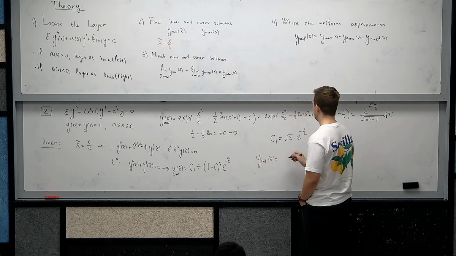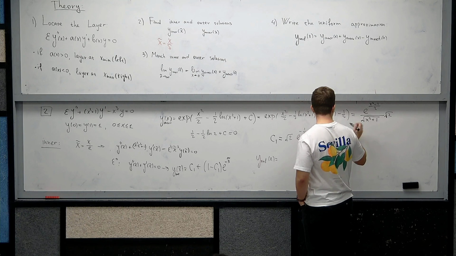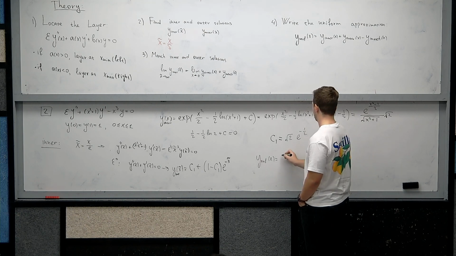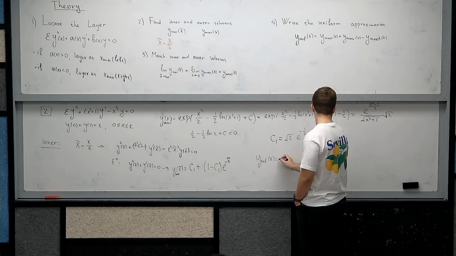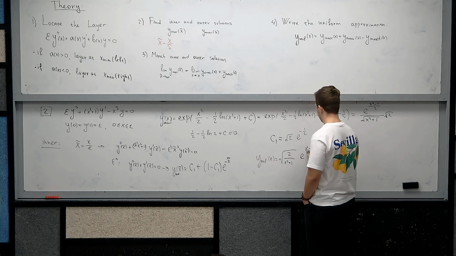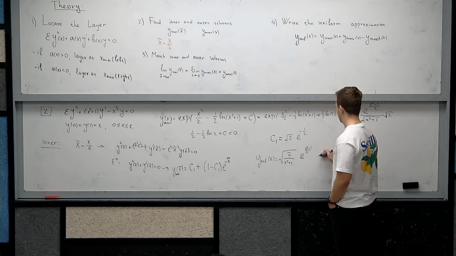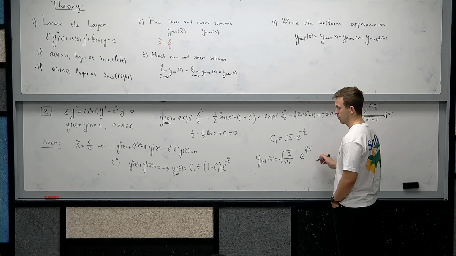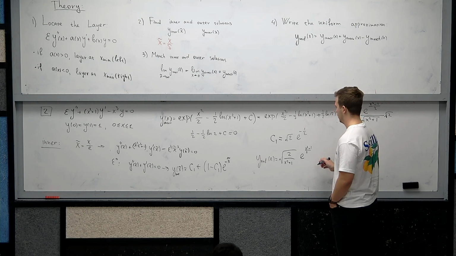is this guy. Okay, so let's write it: 2 over x squared plus 1 times e to the x squared minus 1 over 2. That's the bracket. 1 minus c1.